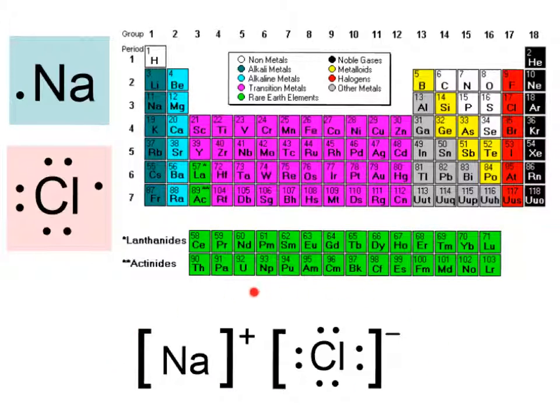So when these two combine in a bond, chlorine will take 1 of those electrons away from the sodium. When sodium has 1 less electron, it becomes a positive 1 charge. And then chlorine, when it gains that electron, becomes a chloride ion with an extra negative charge.